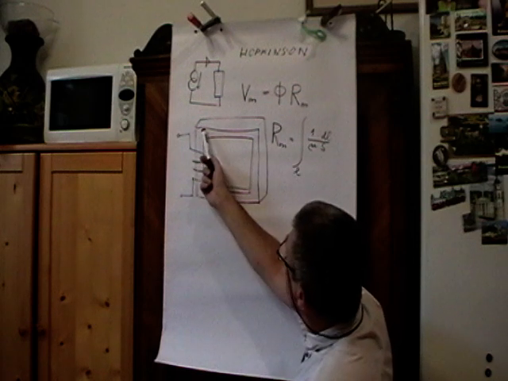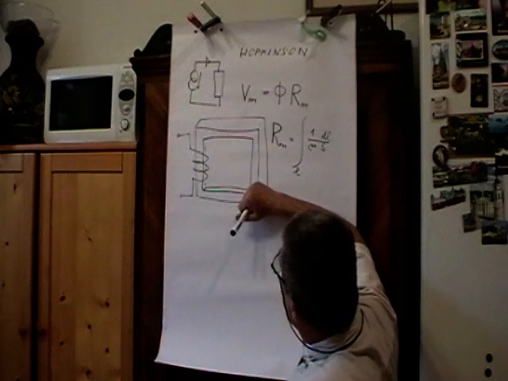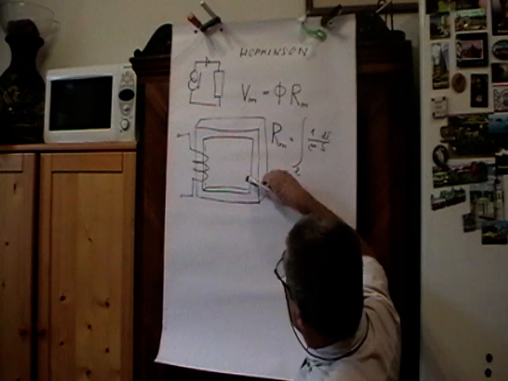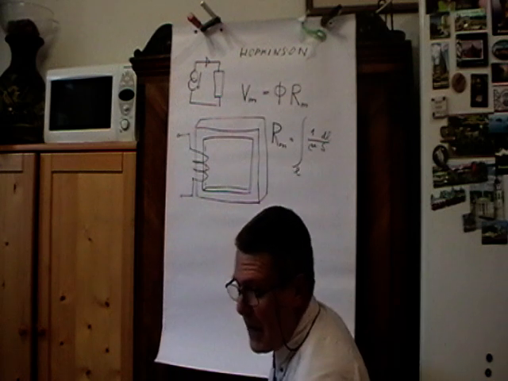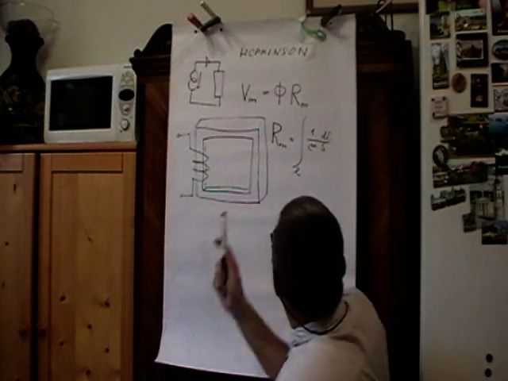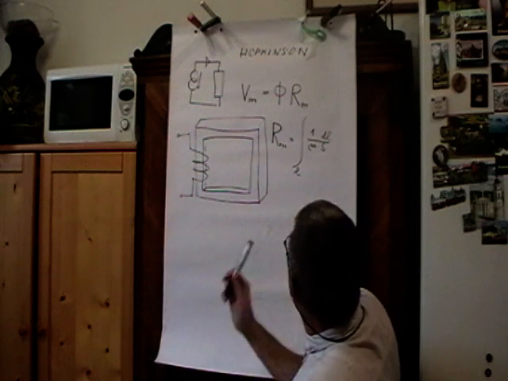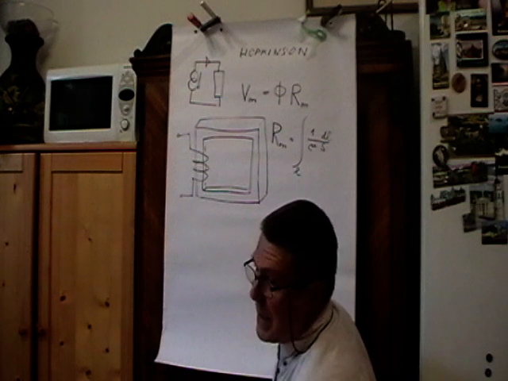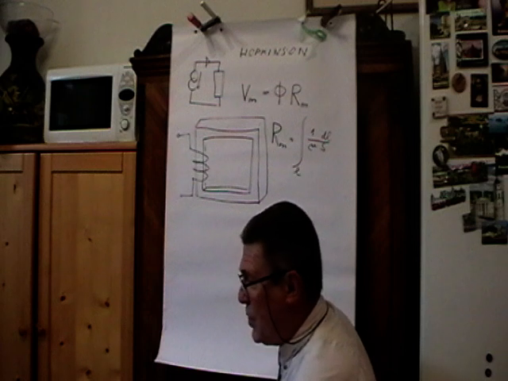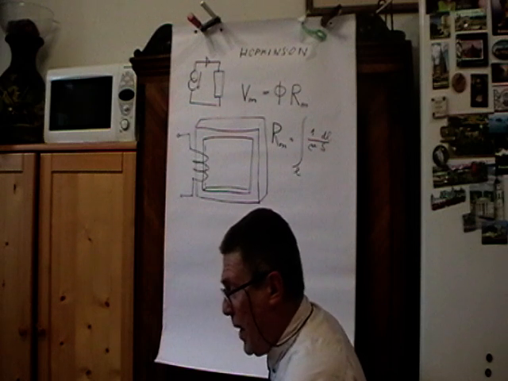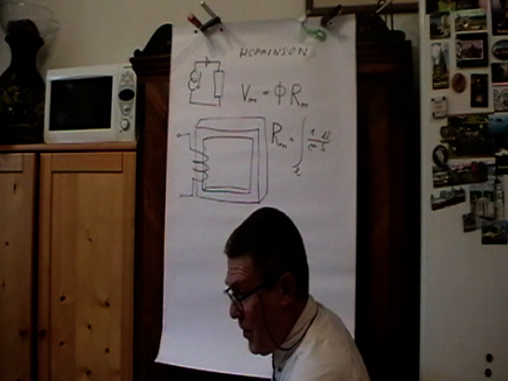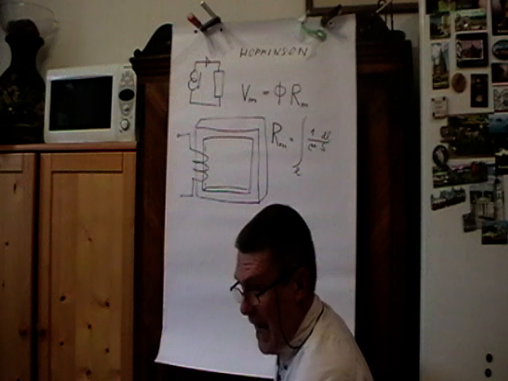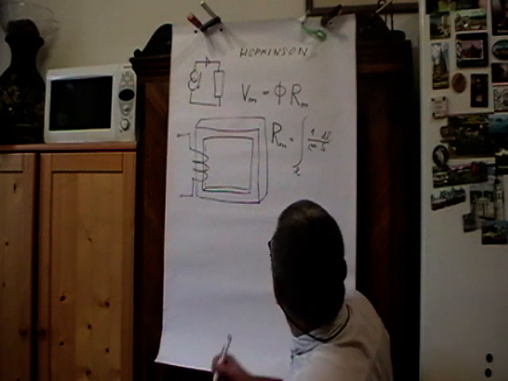If you watch this circuit and you omit the corners, you would have a constant cross section, hopefully the same kind of material, which means that this is a constant, and therefore you can make it a bit simpler, which brings us to a simple equation for the reluctance of a piece of magnetic material with constant cross section.